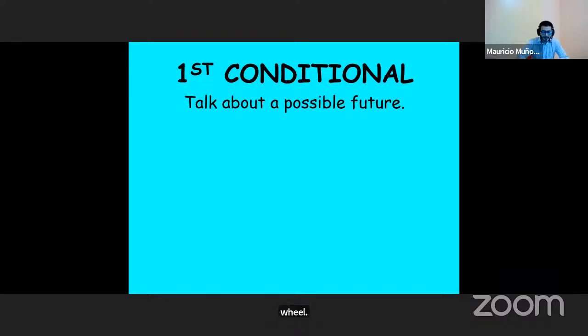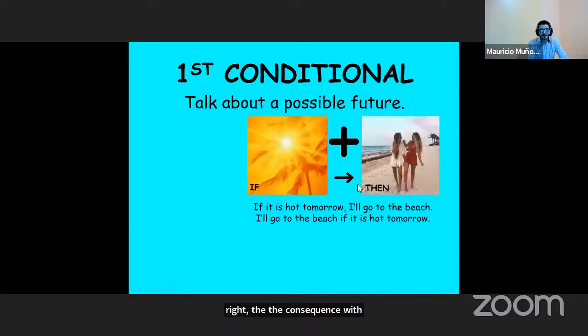The consequence with will. For example, if, remember, is the action and the other clause, then, is the consequence. If it is hot tomorrow, I'll go to the beach.